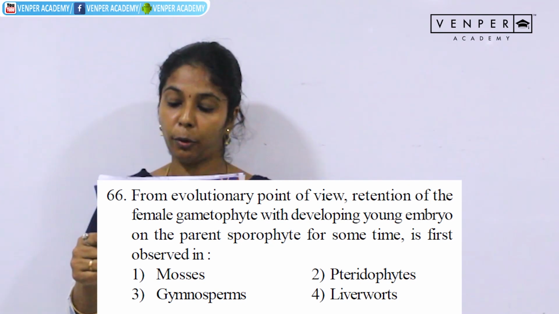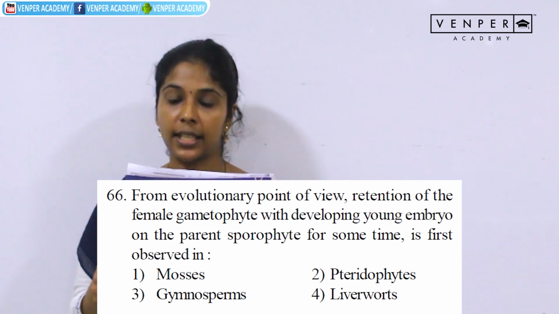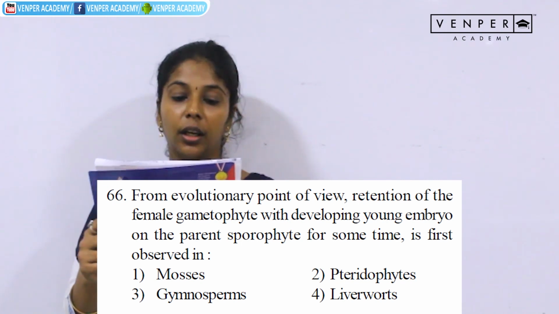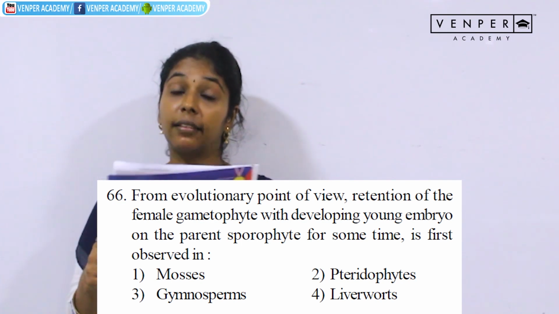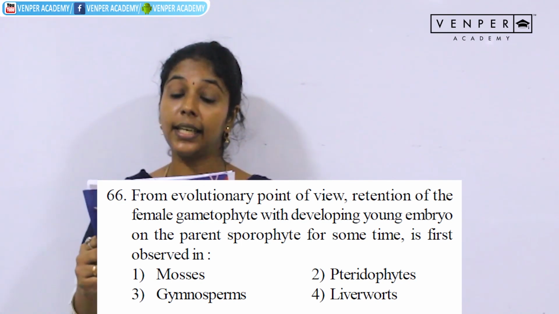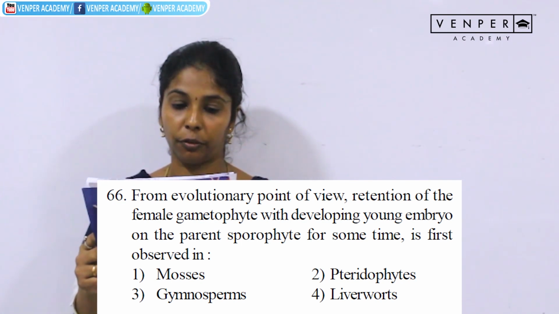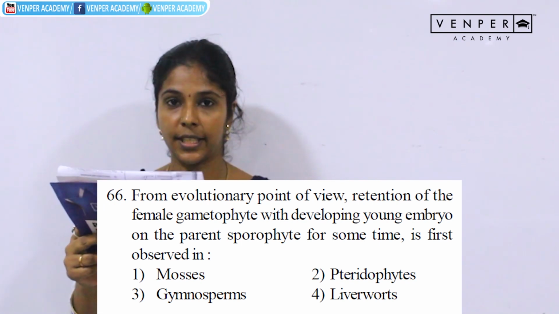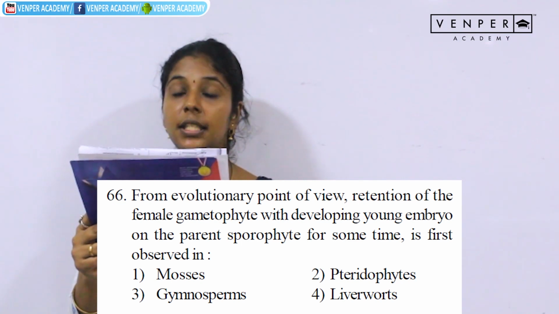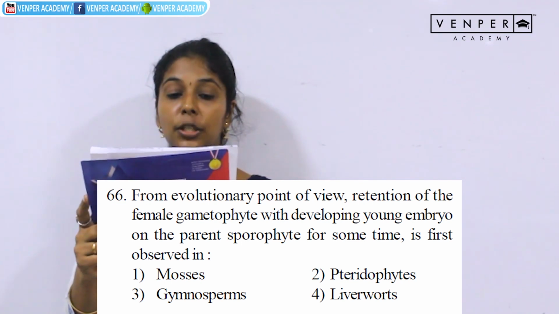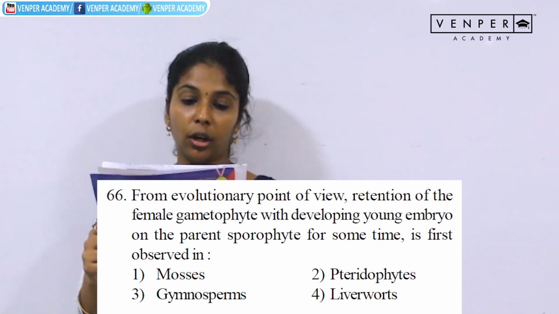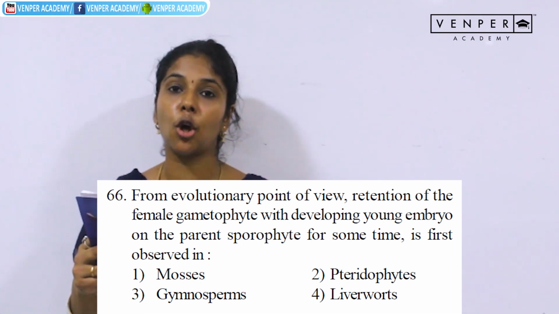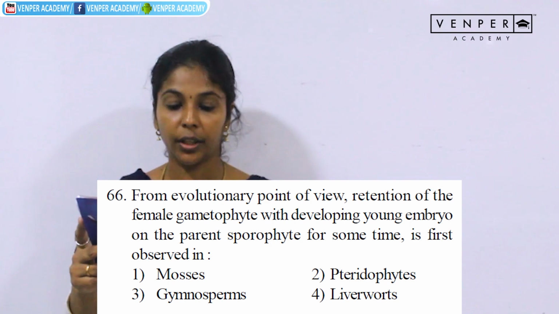Liverworts and mosses are bryophytes, in which the sporophyte is less developed and dependent on the gametophyte. In gymnosperms, there is a reduction of the gametophyte and it grows entirely inside the sporophyte. So the correct option is option 2, pteridophytes. In pteridophytes, ferns, the gametophyte retains the young embryo on the parent sporophyte for some time.